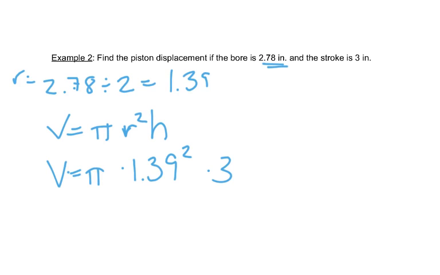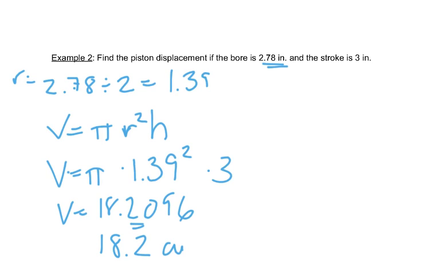So we'll take pi times 1.39 squared times 3, and we get 18.2096. We'll round that to the nearest tenth. Your directions should tell you. We'll say 18.2 cubic inches because it's volume. And that's the piston displacement.